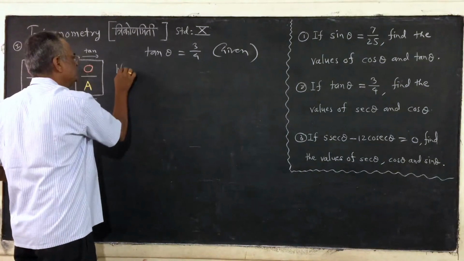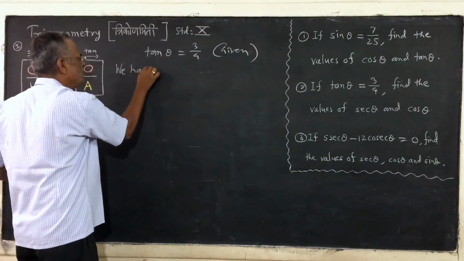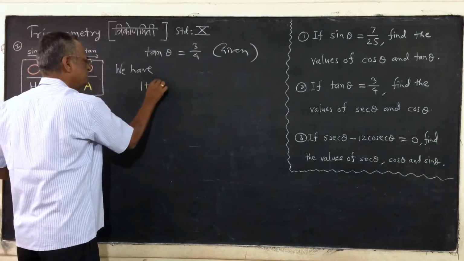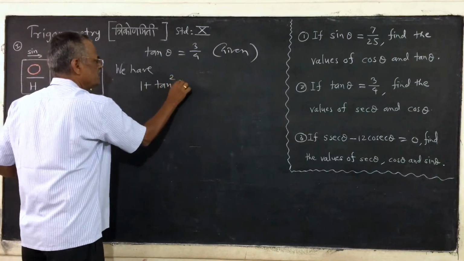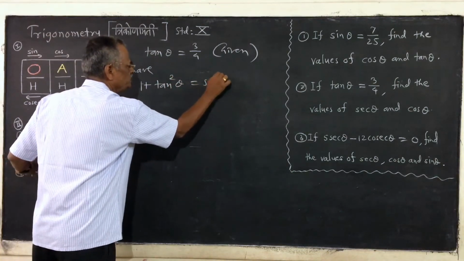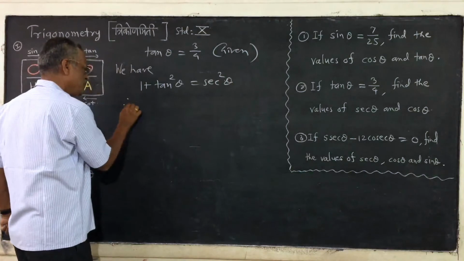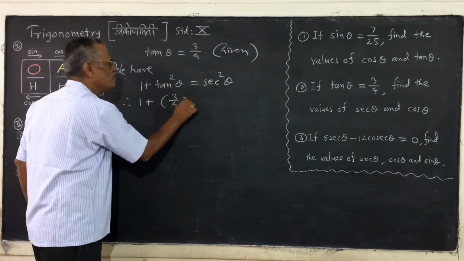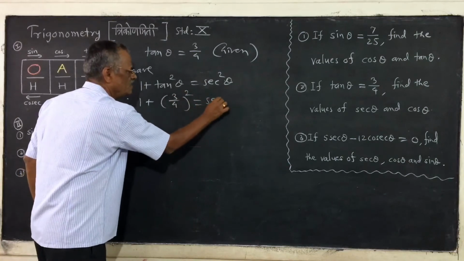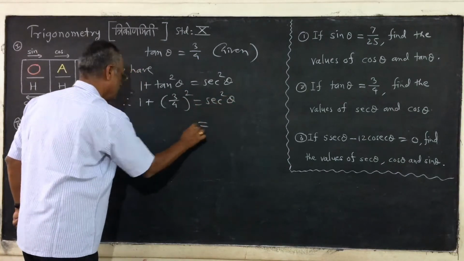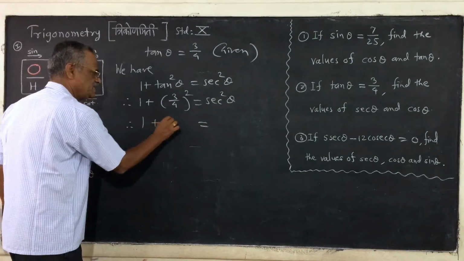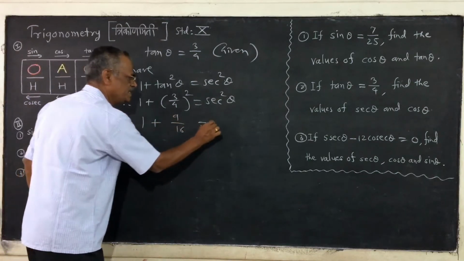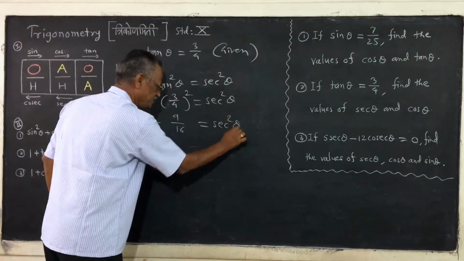So we know that we have 1 plus tan square theta is equal to sec square theta. Now substitute the value: 1 plus (3/4) whole square is equal to sec square theta. 1 plus 9/16, that is sec square theta.